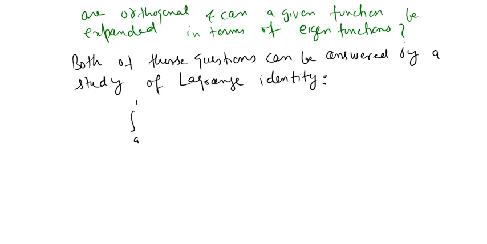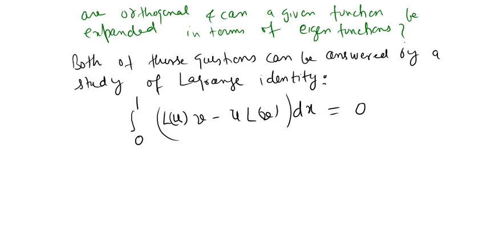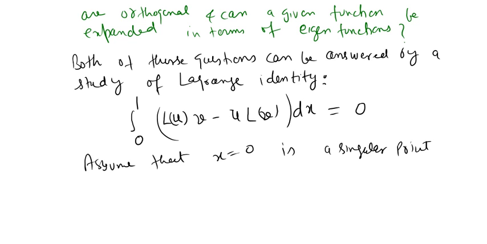I am writing from 0 to 1 for simplicity, so take a equal to 0 and b equal to 1. So you have the Lagrange identity, integral of L acting on u times v minus u times L v, dx, equal to 0. So assume that x equal to 0 is a singular point. So you have singularity at one end, but x equal to 1 is regular.